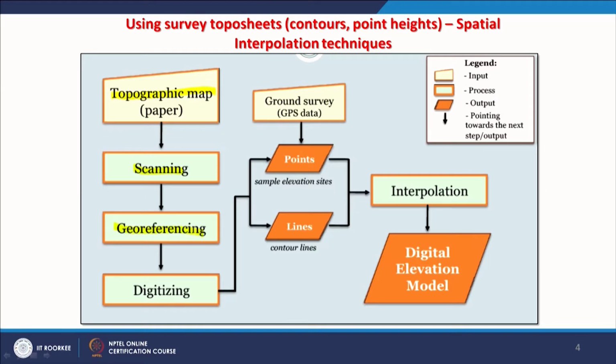So at that time I mentioned that we have found through our iteration and experience that if I have to handle a 50,000 scale topo sheet, then scanning at 300 dpi, dots per inch, would be optimum, and there is no need for going to 600 dpi or 1200 dpi, because going for a very high dpi may result in a very huge file but no benefits in terms of quality.